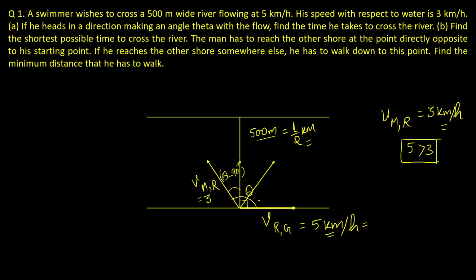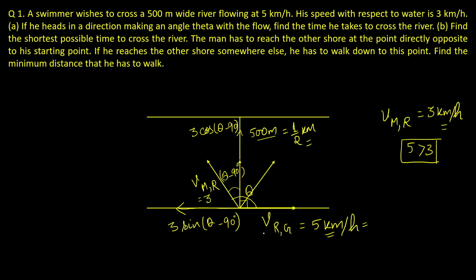What I'm going to do over here is divide this velocity into two components without applying the formula of resultant for vectors. So this is 3, this is theta minus 90. In the vertical direction, it will be 3 cos of theta minus 90. And in the horizontal direction, 3 sine of theta minus 90. And here it is 5.